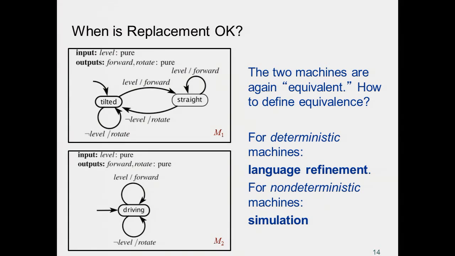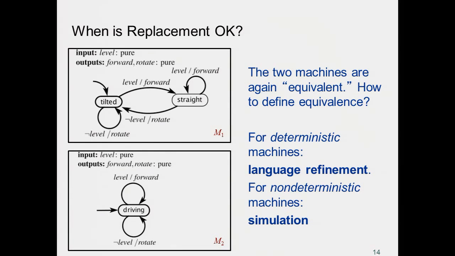So if we look again at the simpler model, which is your robot model, and we ask when is it okay to replace one machine with the other, we say that equivalence in general is language refinement for deterministic machines, and for non-deterministic machines it is the concept of simulation. So that's when it's safe to replace one with the other.